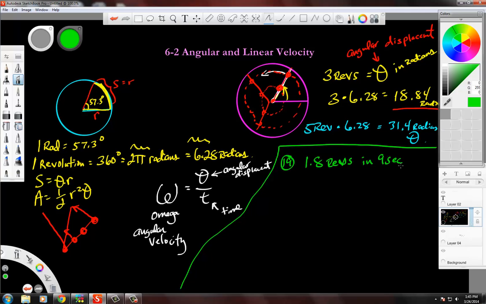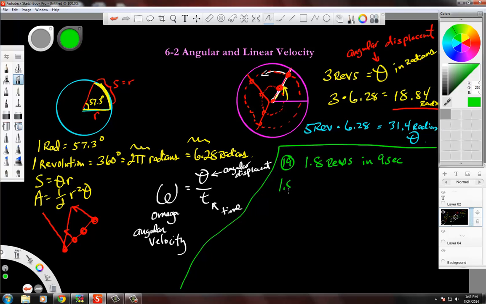So if this thing spun almost 2 times around in 9 seconds, what would its angular velocity be? Well, you've got to remember that a velocity is just a distance over time, just like in physics class. But according to this formula here, omega is equal to the angular displacement over time. Well, we need to convert this problem first.